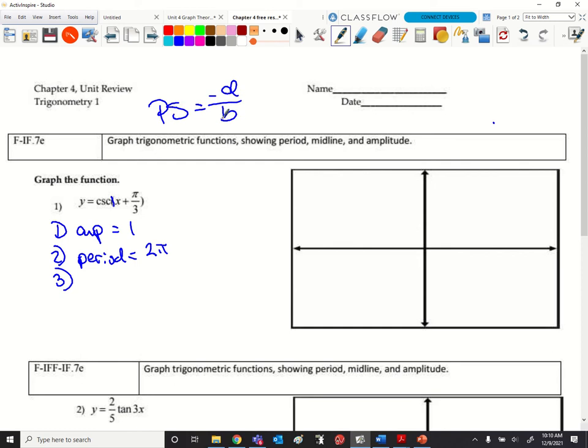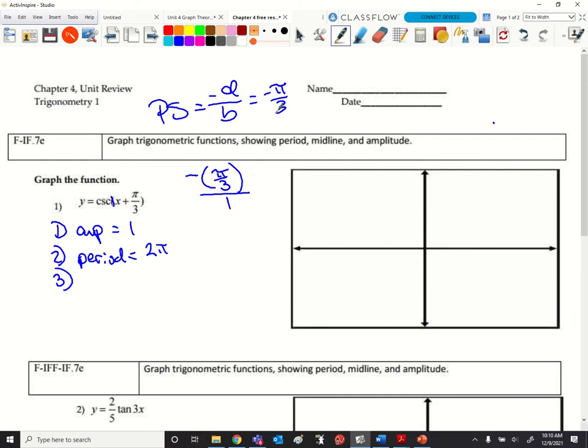Right here, my d value is a positive pi over 3, and my b value is 1. So my phase shift is just going to be negative pi over 3.